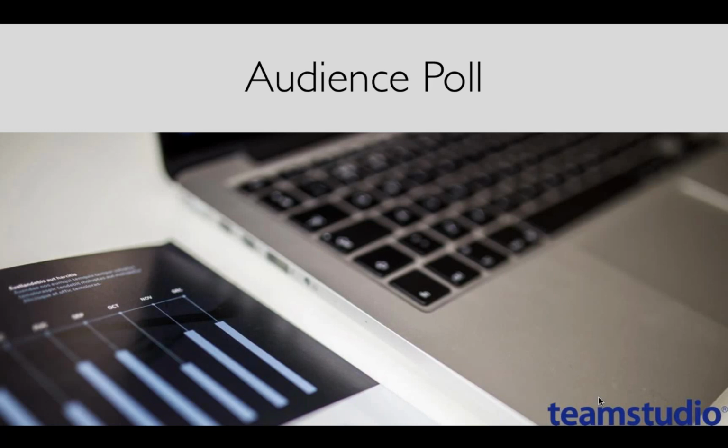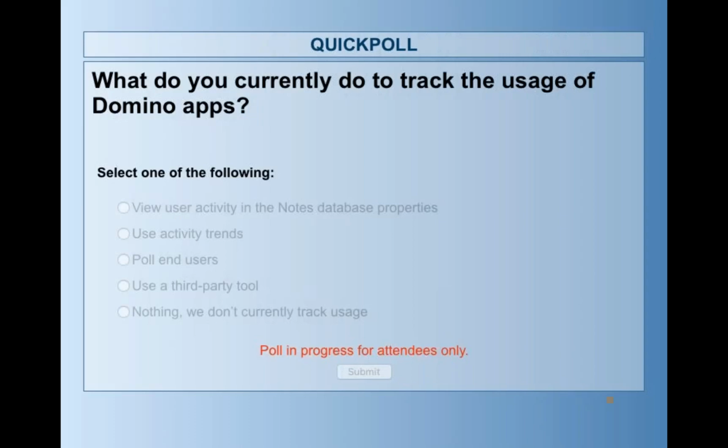So we're all here today so we can get a better understanding of the usage of our Notes apps. To get us started, Dan, Tim, and I would like to get your feedback with a poll question. I'll launch it now. Okay, so what do you currently do to track the usage of your Domino apps?